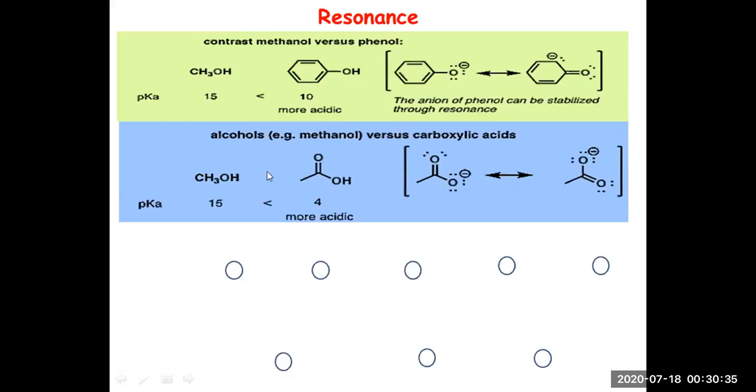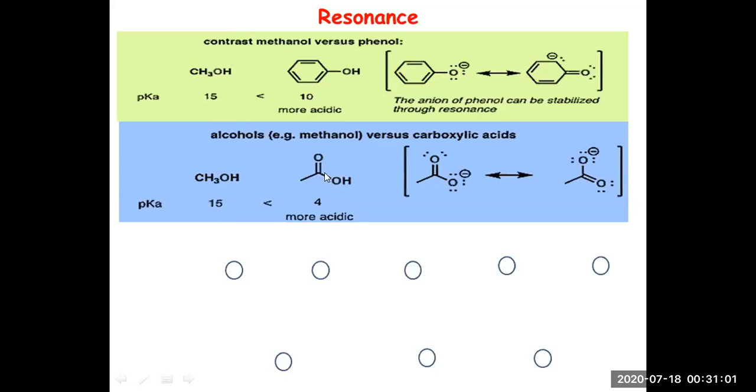If I take methanol and acetic acid, now here what happens, the anion formed, that is acetate anion or any carboxylate anion, carboxylic acids will always be strongly acidic as compared to alcohols. You can see the pKa value, there is a large difference. Acetic acid pKa value is 4, whereas methanol is 15.